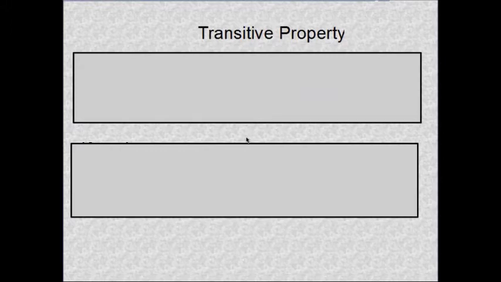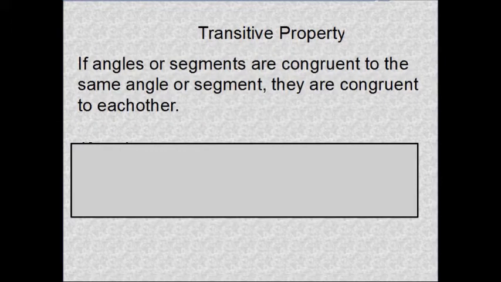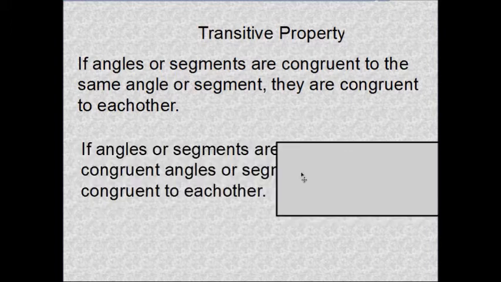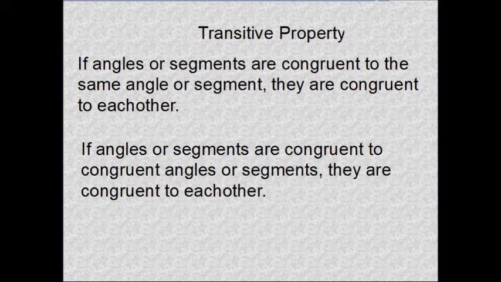The first thing we're going to talk about is the transitive property. The transitive property states if angles or segments are congruent to the same angle or segment, they are congruent to each other. The transitive property also states if angles or segments are congruent to congruent angles or segments, they are congruent to each other.